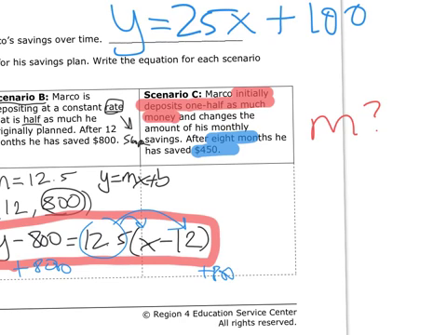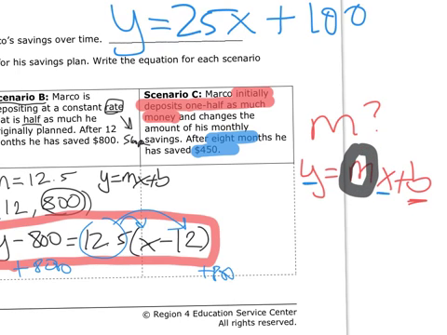I'm not going to do it for you guys, but I'm going to tell you that it's using this formula, because you know a point and you know the y-intercept, and you can solve for your slope. And then you have to rewrite the equation.